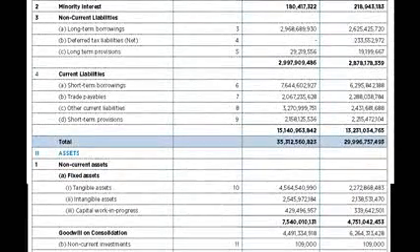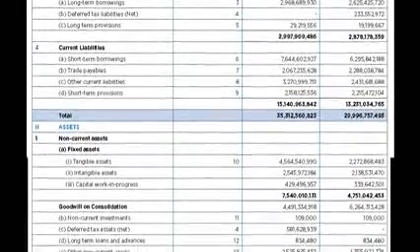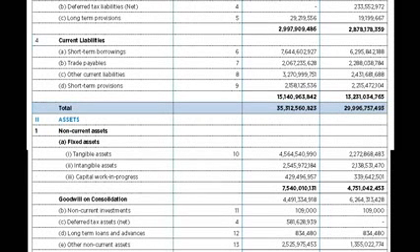In simple terms, assets are what a company owns. So these assets belong to the company.